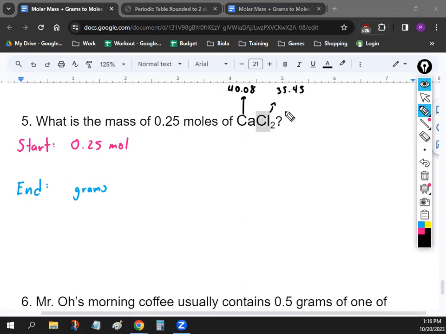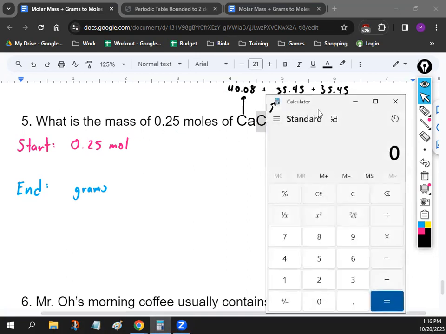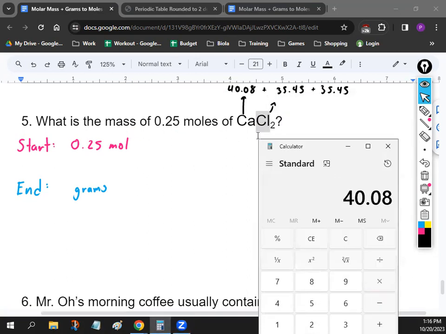All right. Now, there's 2 chlorines, so we're going to add 2 chlorines together. So you just need to add up these 3 numbers in order to get your molar mass. So for the molar mass, it's going to be 40.08 plus 35.45, and then do that 2 times. And so the molar mass will be 110.98.